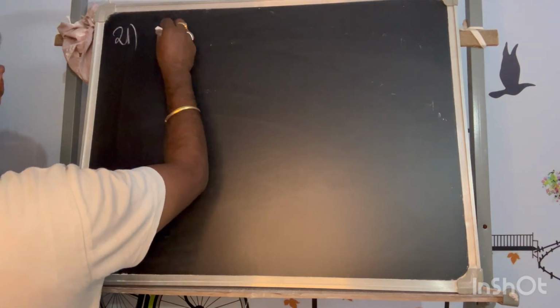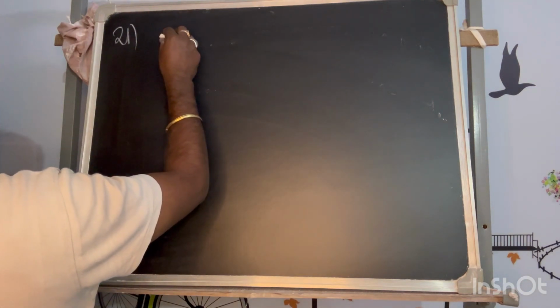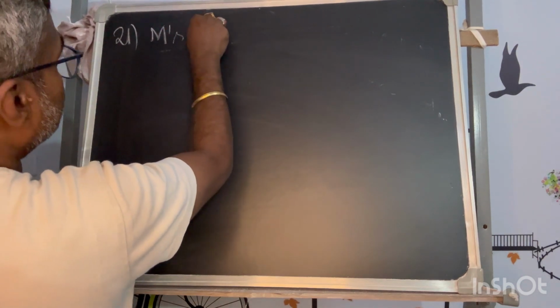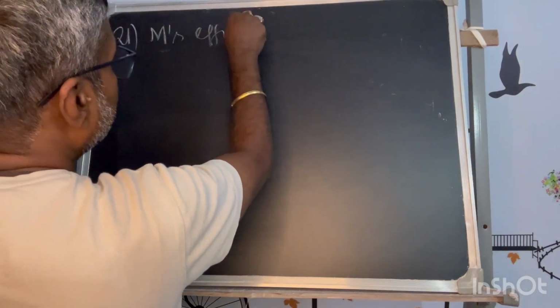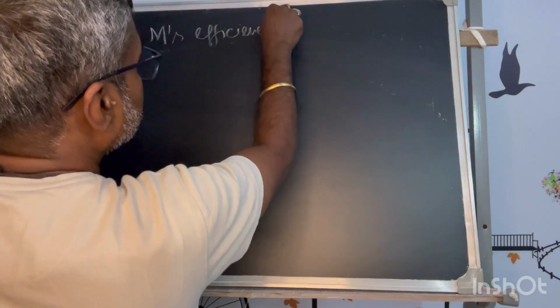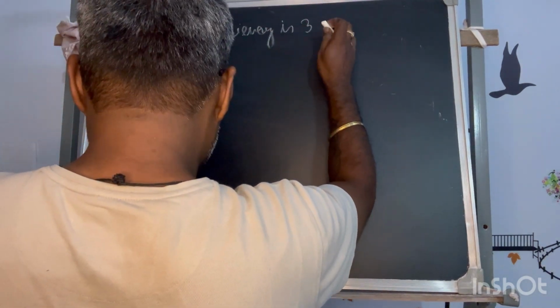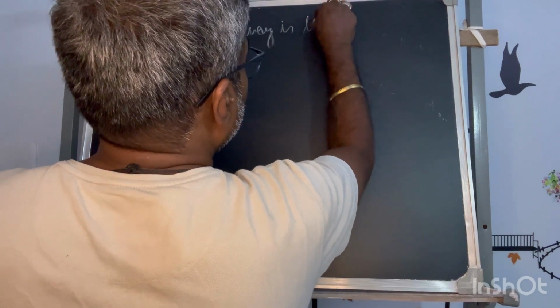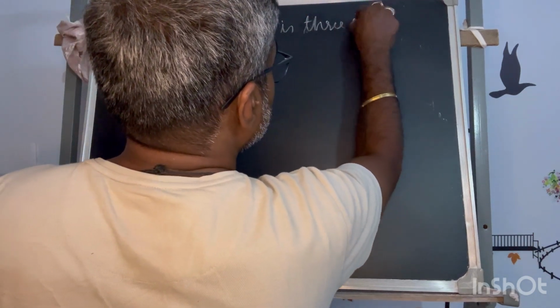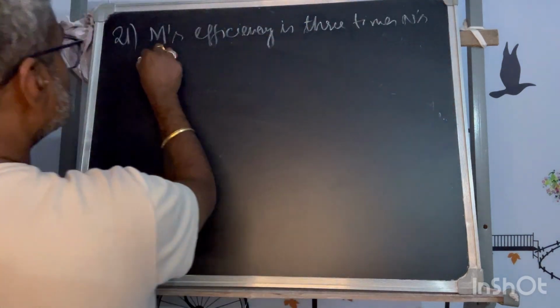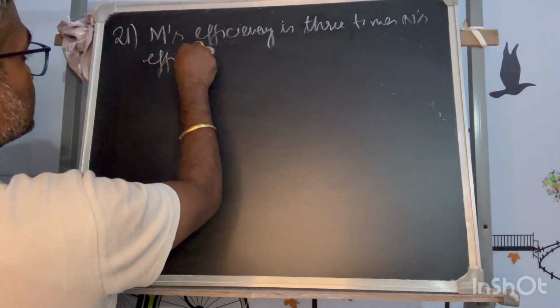So 21 says M's efficiency is 3 times N's efficiency.